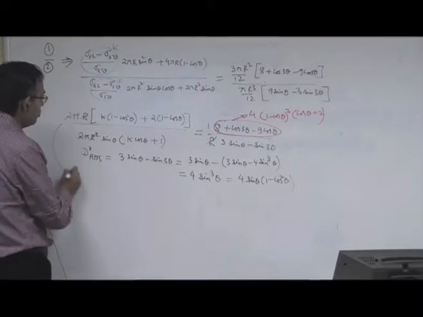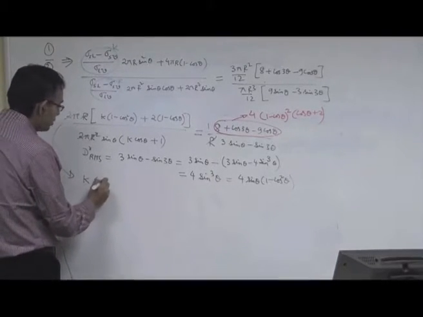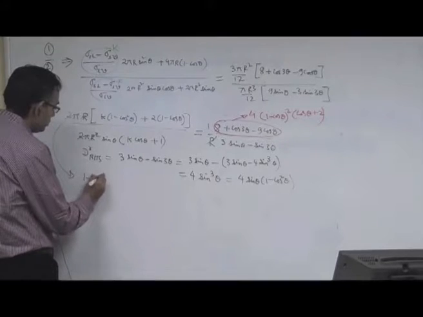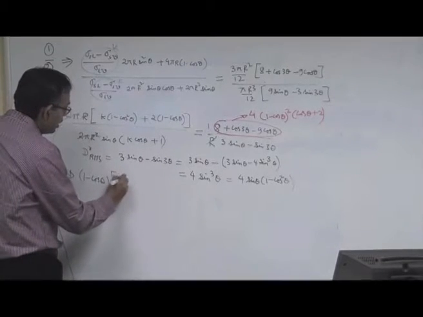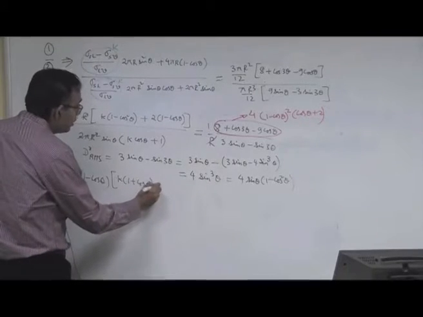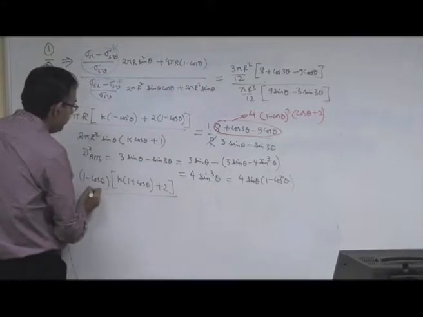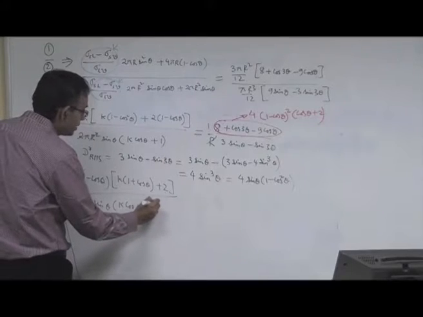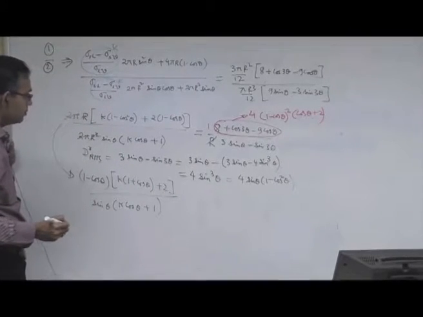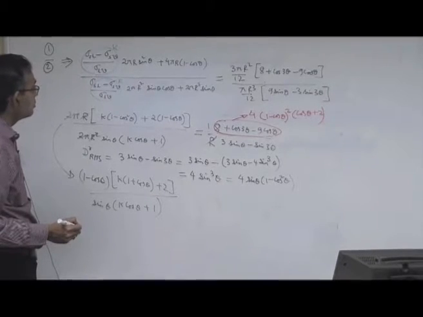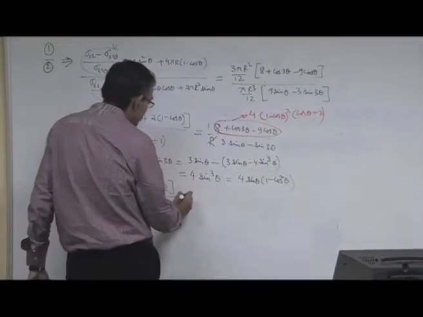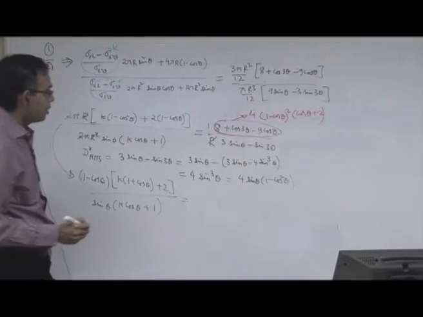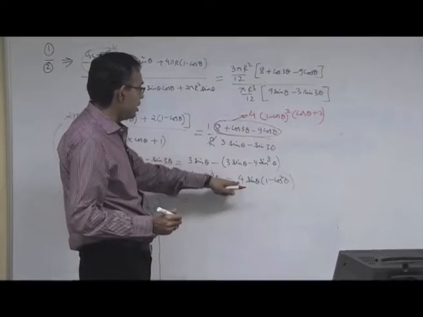That means, this expression now becomes k into (1 minus cos theta) if we take as common, k into (1 plus cos theta) plus 2 divided by sin theta into (k cos theta plus 1) is equal to, this 4 and this 4 get cancelled.